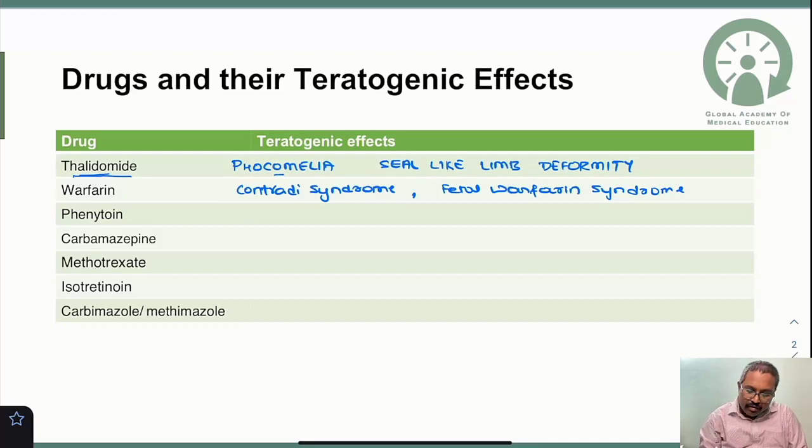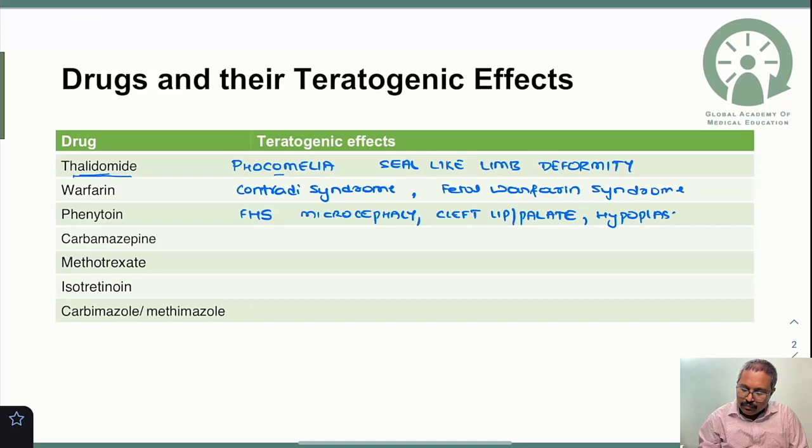So please remember, phenytoin will cause fetal hydantoin syndrome, which is characterized by microcephaly, cleft lip or cleft palate, as well as hypoplastic phalanges.